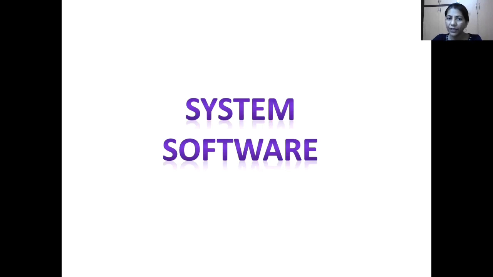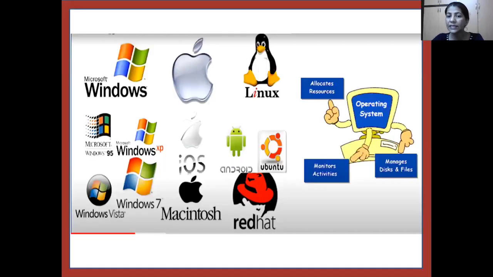First, we talk about system software. As I told you, the softwares are of two types, system software and application software. So we'll talk about system software. System software is the set of programs or the instructions that controls the overall functioning of the computer. It controls each and everything in the computer.